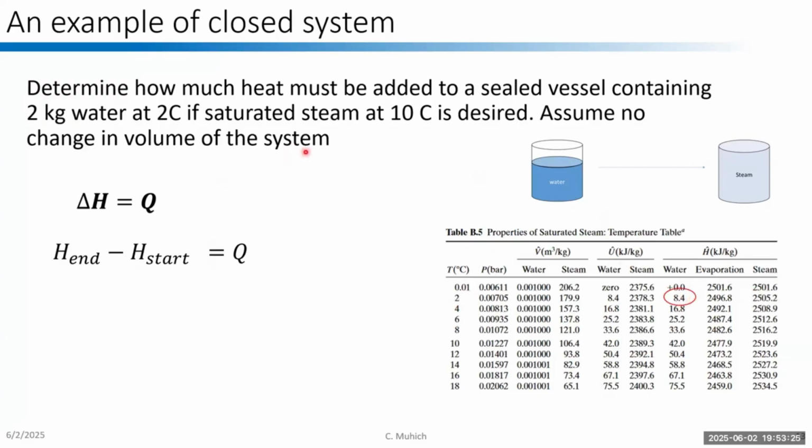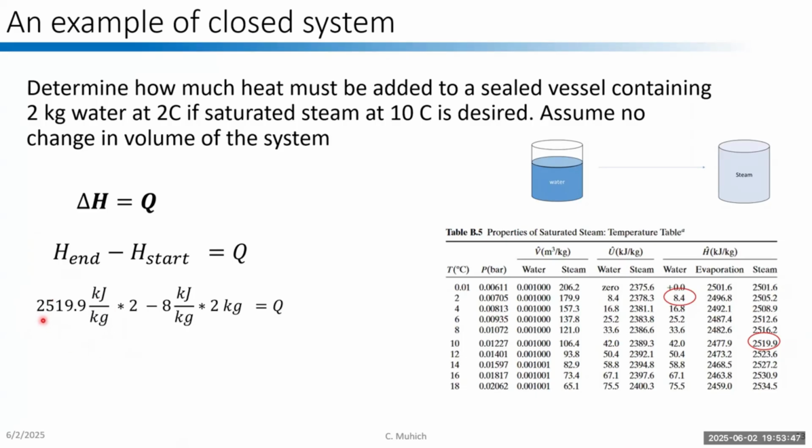I know at the end I have 2 kilograms of steam at 10 degrees C. So I go down to 10, run over to the steam table, and we have 2,520 kilojoules per kilogram. Okay, so now I just need to plug that in.